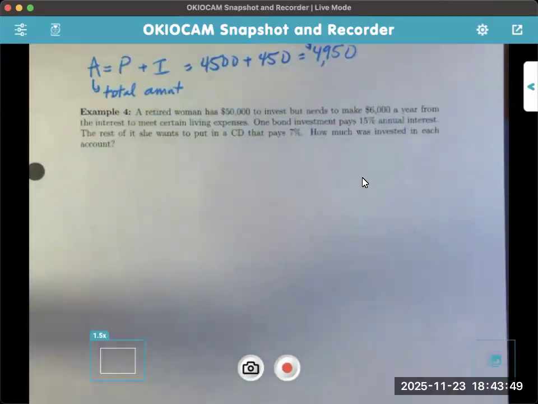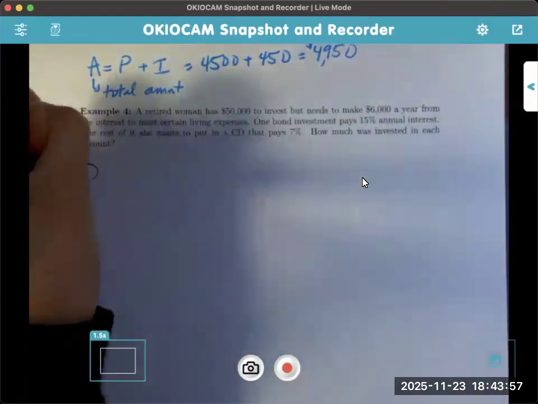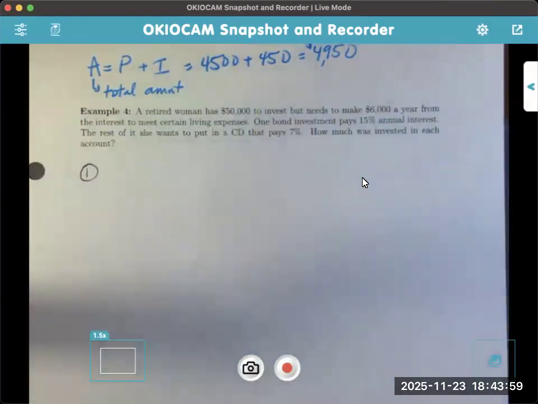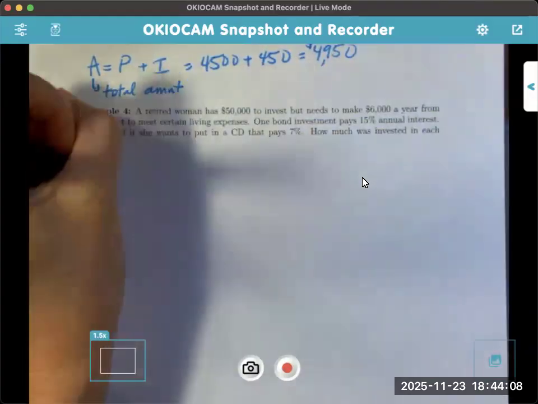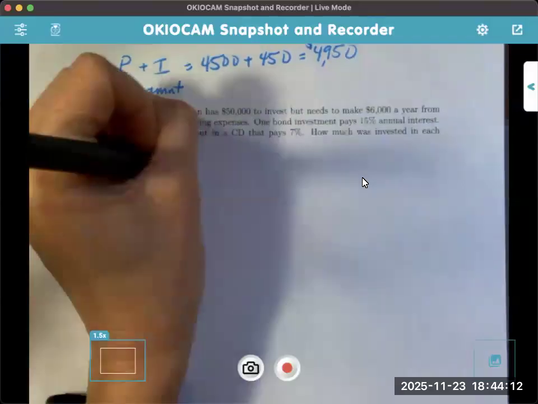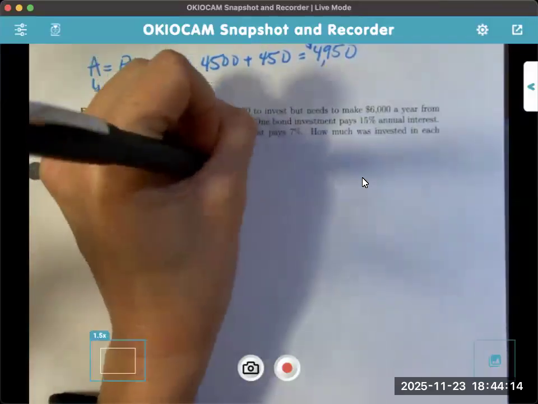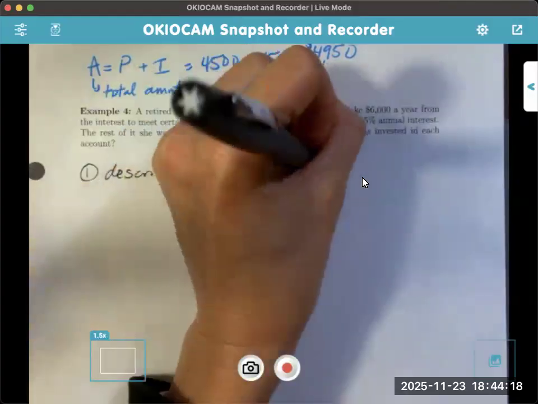Okay, so here's the deal with these. This is how they will go down nearly every single time. You'll have two equations, okay? The first equation will describe the allotment of money.